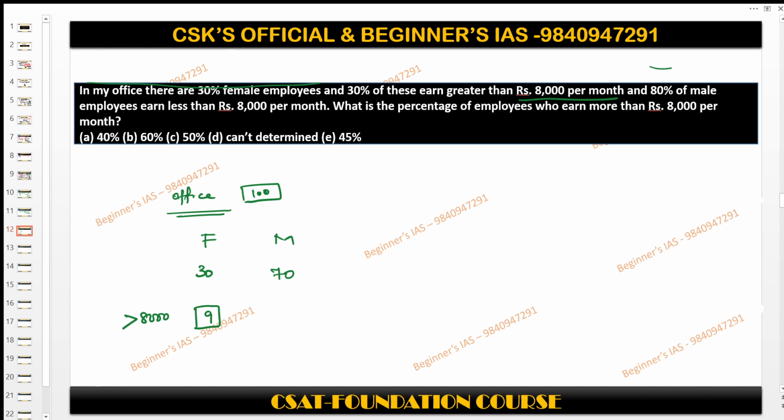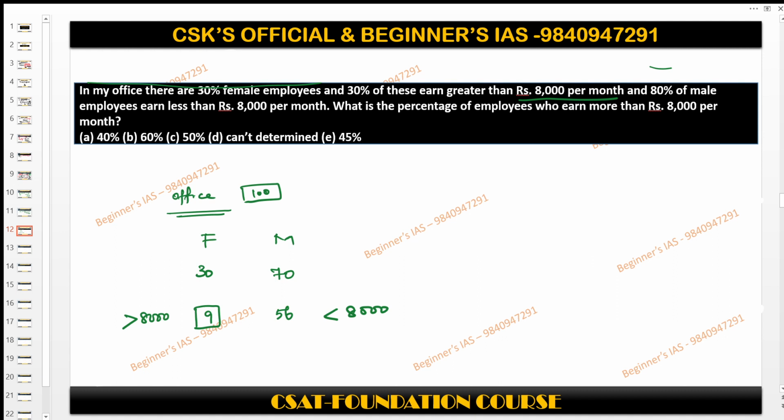So 80% of male employees earn less than 8,000. So 56 of 70. So this is less than 8,000. 80% is 56, right? Yes, sir.